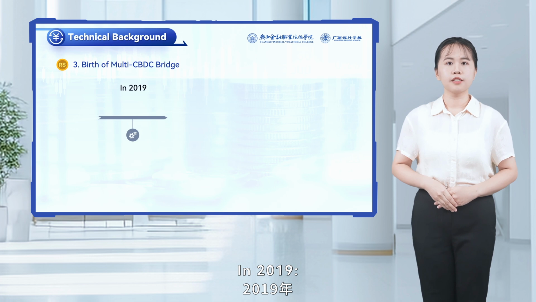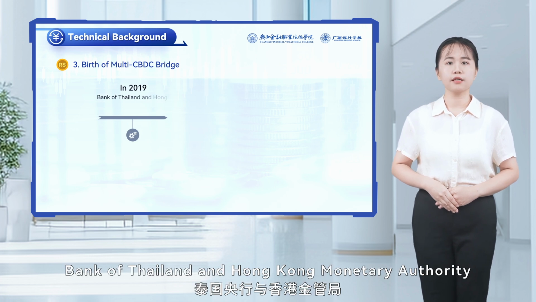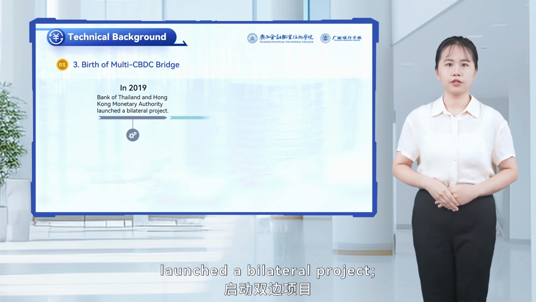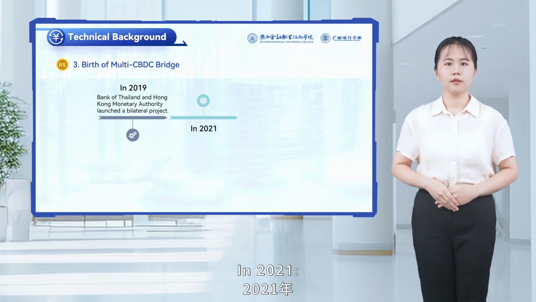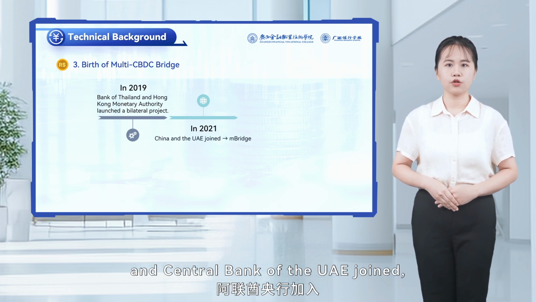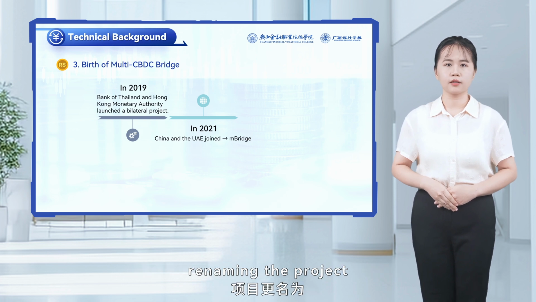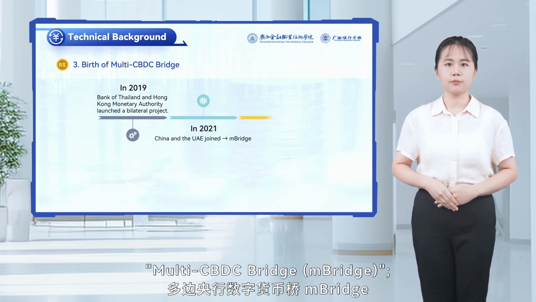In 2019, Bank of Thailand and Hong Kong Monetary Authority launched a bilateral project. In 2021, People's Bank of China and Central Bank of the UAE joined, renaming the project Multi-CBDC Bridge, mBridge.